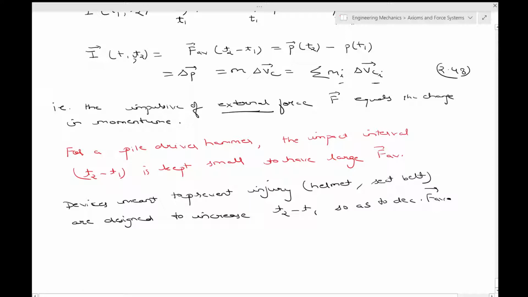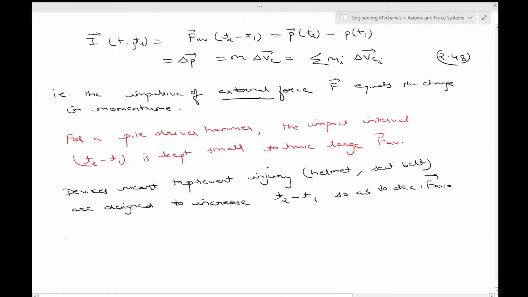Okay, so this 2.48 equation, with the index notation, would mean that if you have this whole body of mass m and one part is m1 and it has its center of mass moving at Vc1, and the other is mass m2, its center of mass is moving at Vc2, and so on.